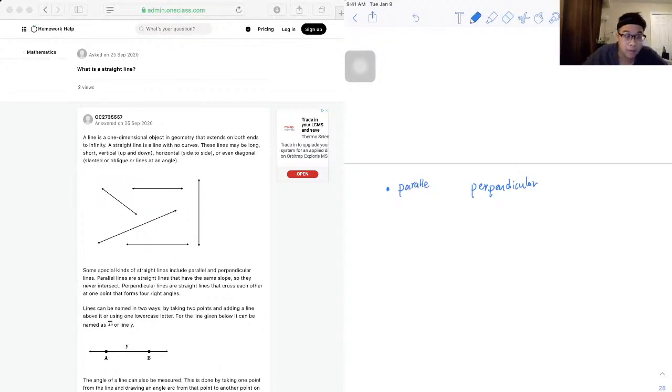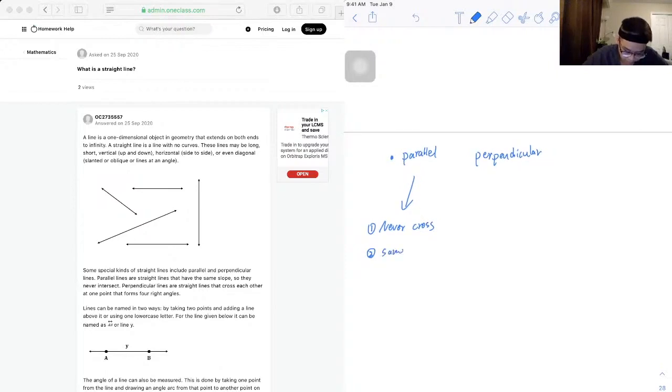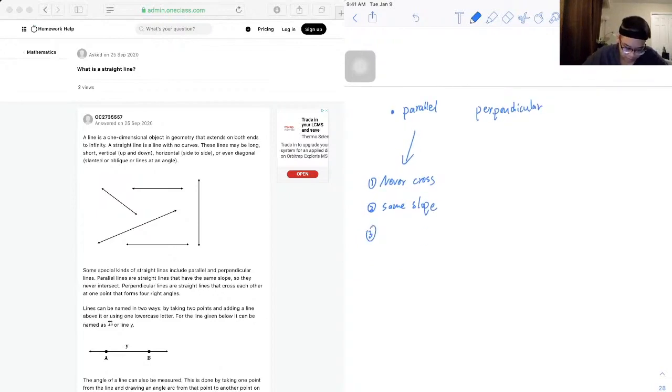Parallel lines are straight lines that have the same slope and they never intersect. They never cross each other, and have the same slope. So something like this would be a pair of parallel lines.